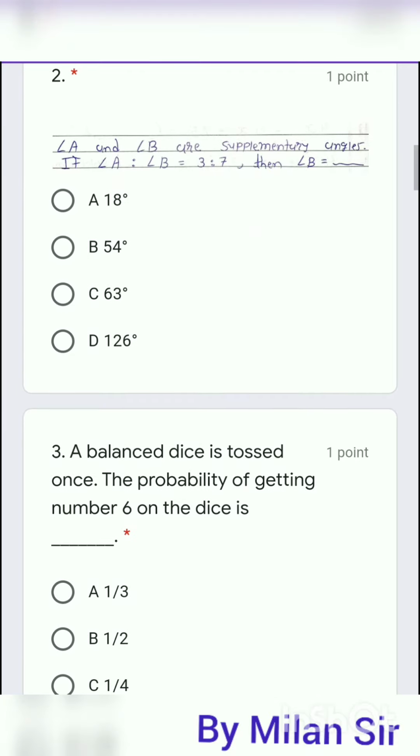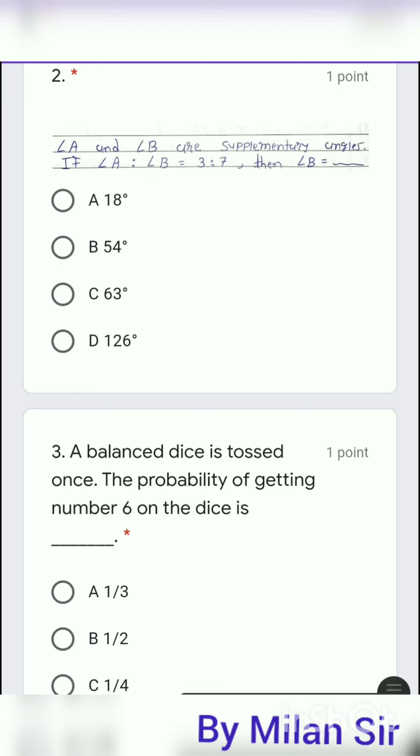After that, question number 2. Angle A and angle B are supplementary angles, and if angle A to angle B is equals to 3 to 7, then angle B is equals to. So here we need to find the value of angle B. Okay.